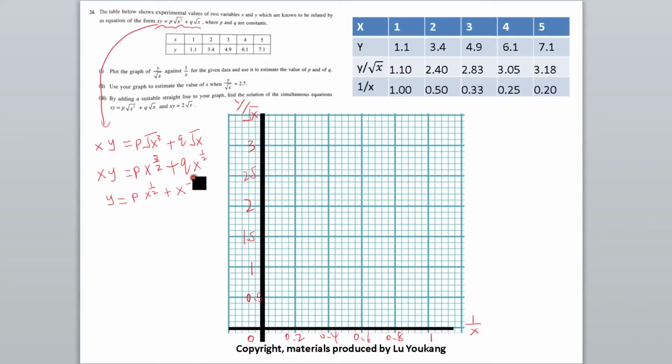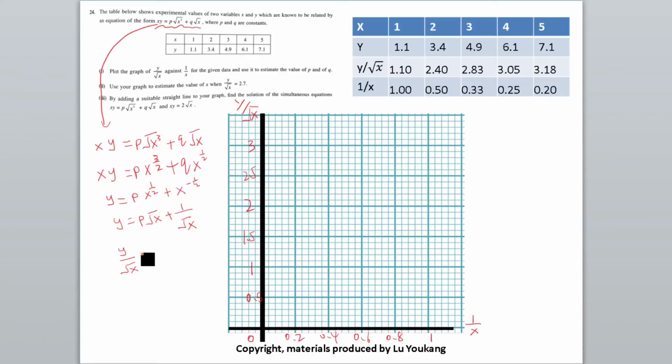My left side has y, and my right side should be equal to p times x to the power half plus x to the power minus half. Let me convert x to the power half into square root x, and x to the power minus half into 1 over square root x. Clearly, we can proceed further by dividing by square root x on both sides.